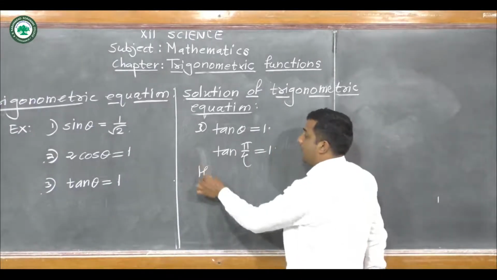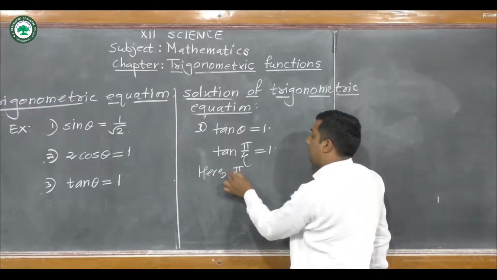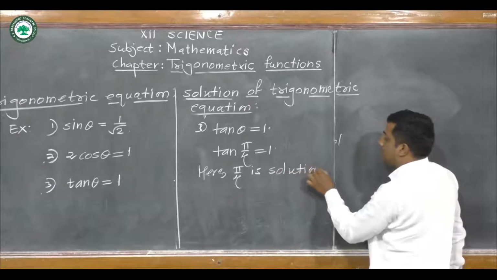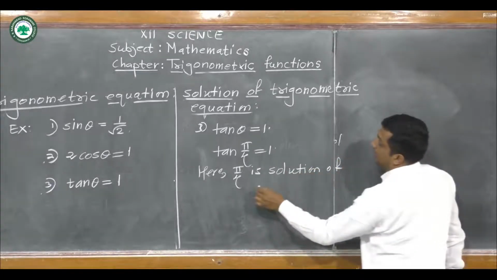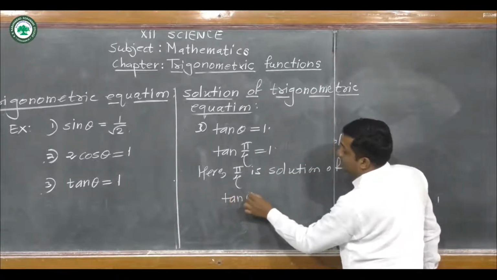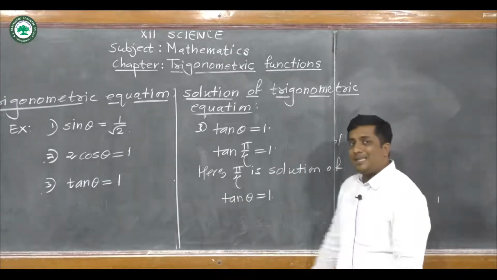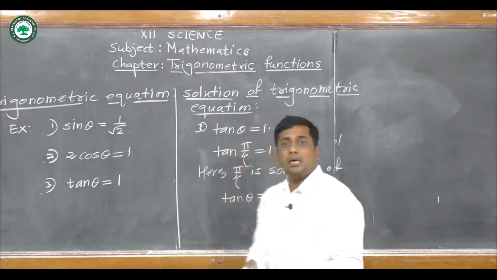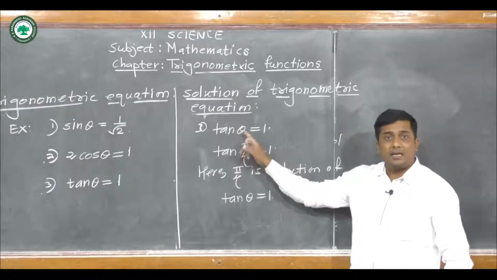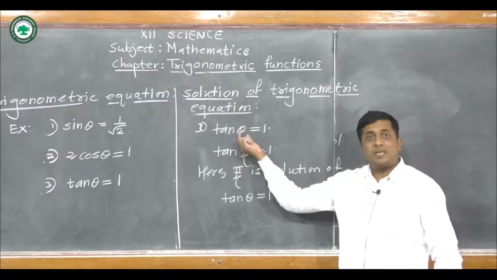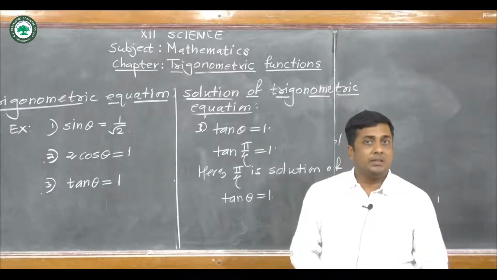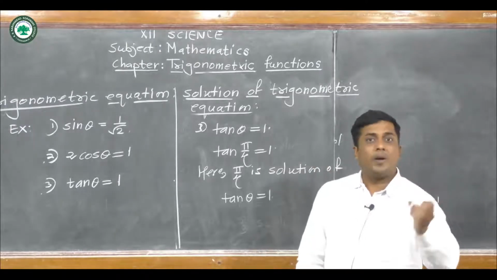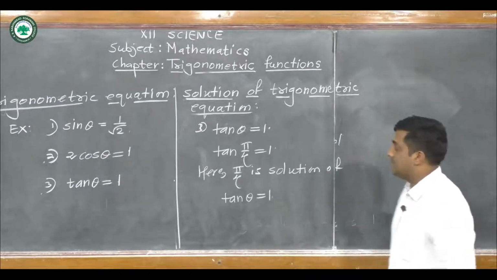So pi by 4 is a solution of the given tan theta is equal to 1. This is one of the solutions. So remember, if the variable theta satisfies the given trigonometric equation, then this theta is the solution of the given trigonometric equation. Remember this concept.